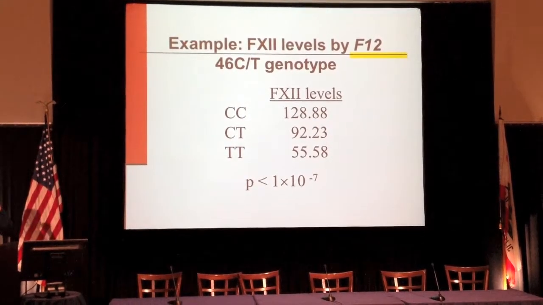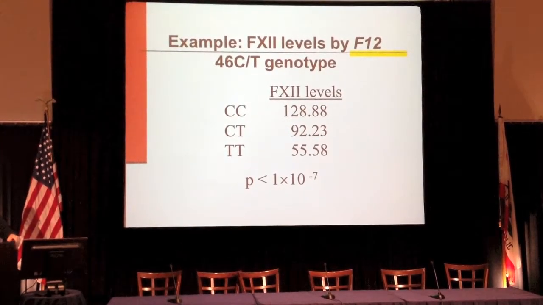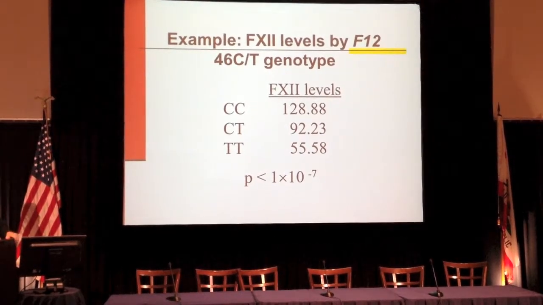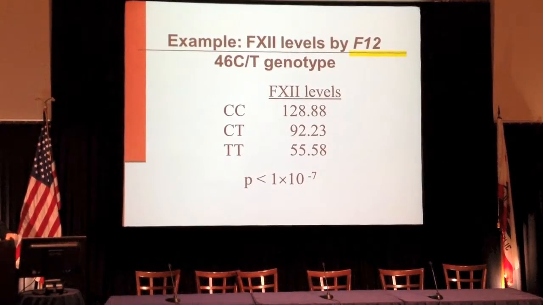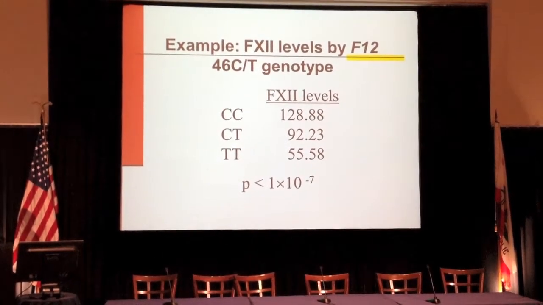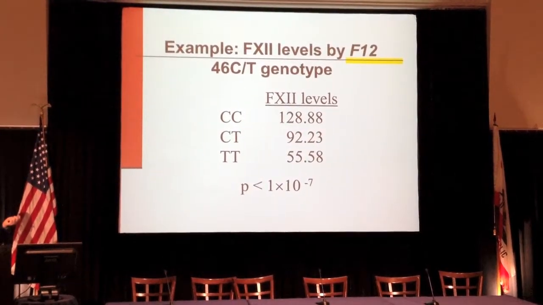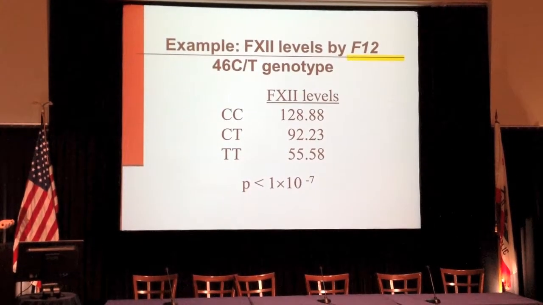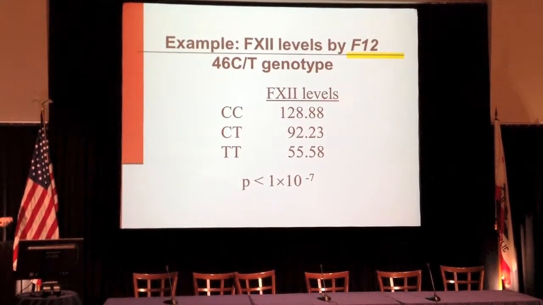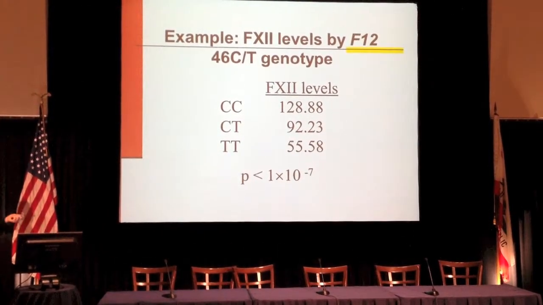So this is, for example, an example analysis of a CT genotype for the protein level of FX2. For the CC genotype, we have FX2 levels of 128. For the CT, we have a level of 92, and for the TT, we have a level of 55.